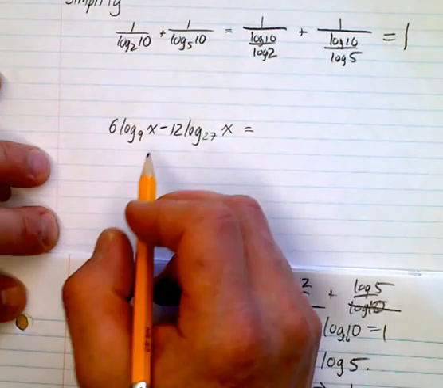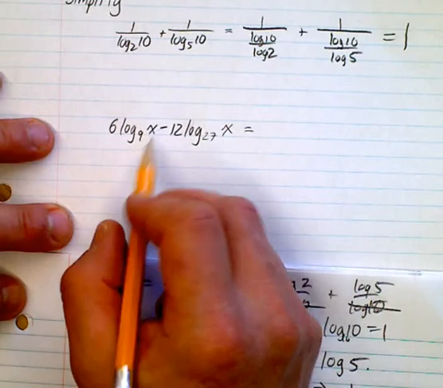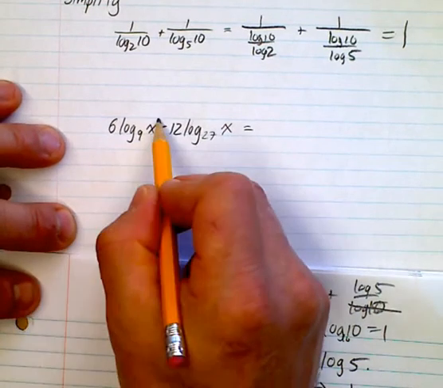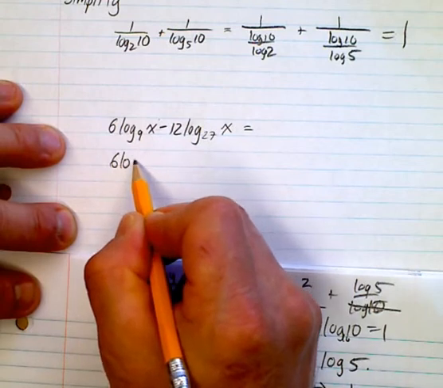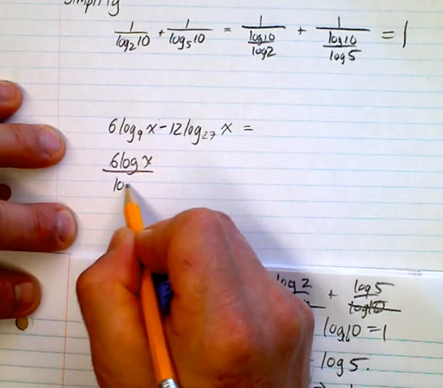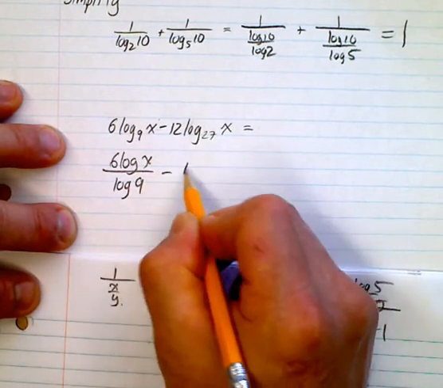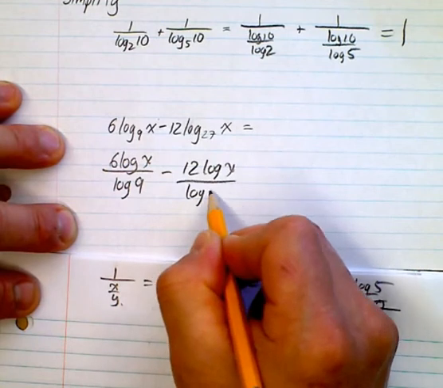So I've got 6 log x. Let's do this. You can put the x up, the 6 up there, but what it's going to end up being is 6 log x over log 9 minus 12 log x over log 27, right?